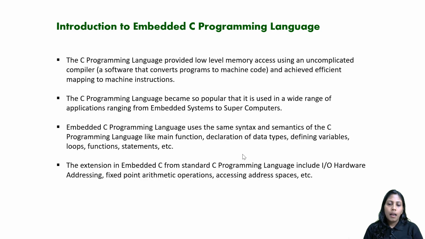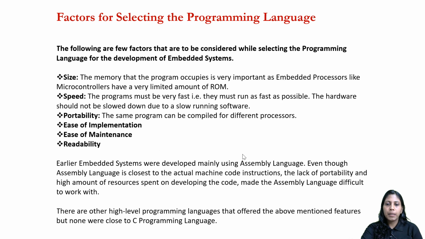Apart from that, I would like to discuss the extensions of embedded C over standard C, which include input-output hardware addressing, fixed-point arithmetic operators, and accessing the address space. These are some extra features we add to normal C whenever we do embedded C. Here we are talking more about the hardware. That is a little bit of introduction about embedded C programming.